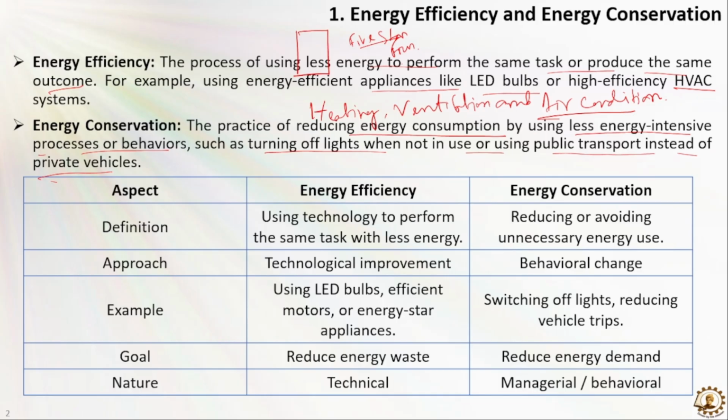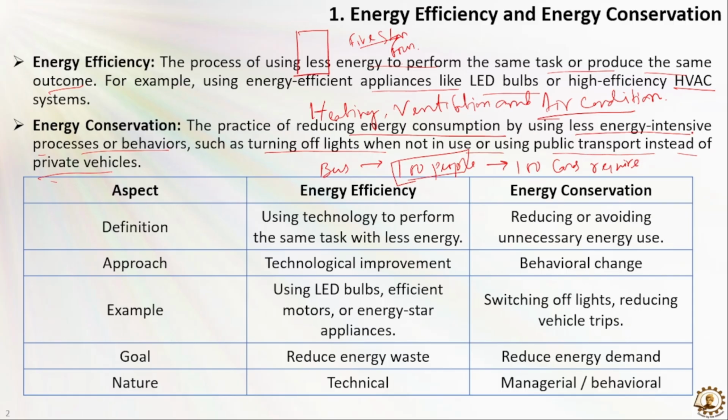Also, from the aspect of fossil fuel, if we use public transport instead of private vehicles, we can save lots of carbon emissions. Suppose there is a bus in which 100 people can travel. But if those 100 people decide not to use public transport and use private vehicles, then 100 cars are required.